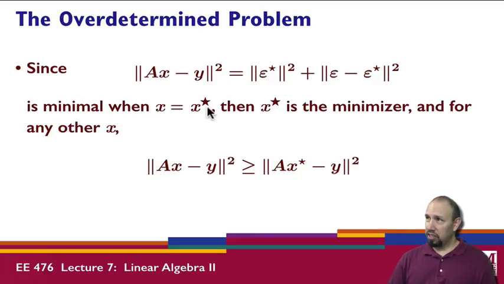This is minimal when x is equal to x star. So x star is the minimizer. For any other x, this quantity is greater than this quantity. And so the x that's equal to x star is the minimizer. So that's the x we're looking for in terms of the least squares solution to the overdetermined problem.